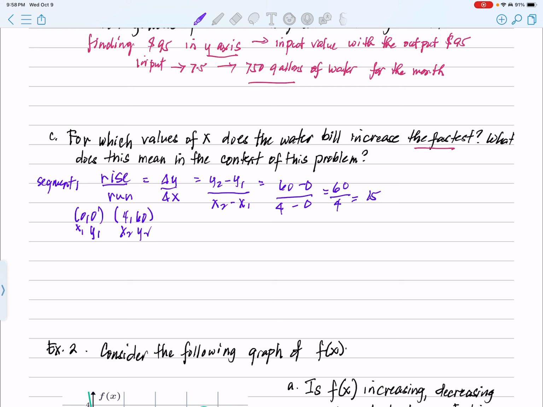What is that? $15 per gallon, or 60, okay, $60 per gallon. Let's say, how many gallons would that be? 60 over 4, which equals 15, or you can have 15 over 1, that is $15 per gallon. Let's do segment number 2.